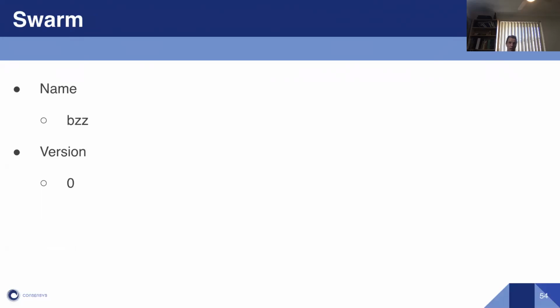And Swarm has the subprotocol name of BZZ and version 0. Well, the version kind of indicates how mature the protocol is. And it's used for distributed storage of binary objects.